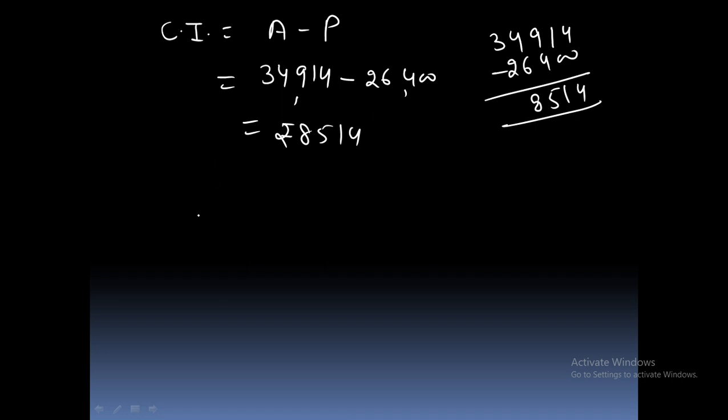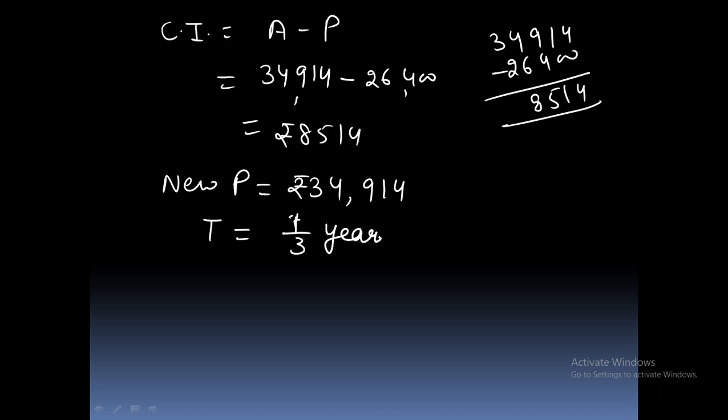And after 2 years, the principal amount will be changed. Now the new principal amount will be 34,914, and time will be taken here as 1/3 year. The rate of interest will be 15%.